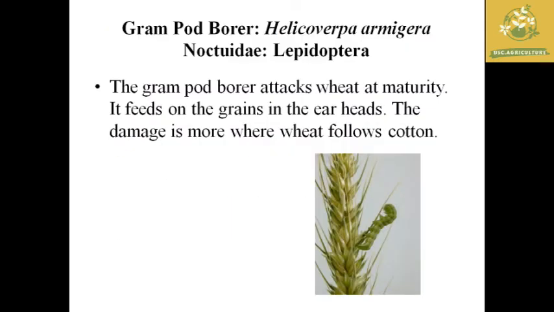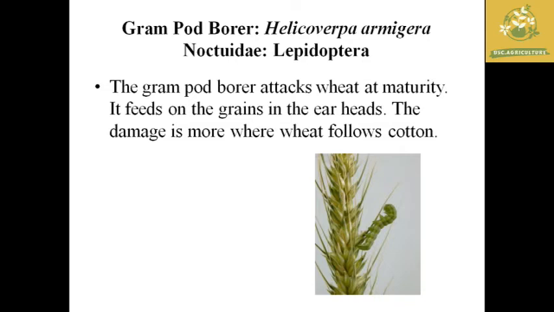And then another thing we are going to see is the gram pod borer, where the scientific name is Helicoverpa armigera. As I have already told you, Helicoverpa armigera is a polyphagous one which has different hosts, and they attack the pods.